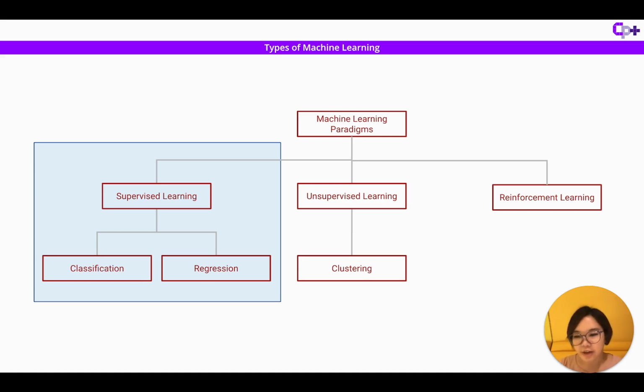A classification problem is when you have discrete answers. So is it spam or is it not spam? Is it a face or not a face, for example? So you see that most classification questions are yes-no questions.